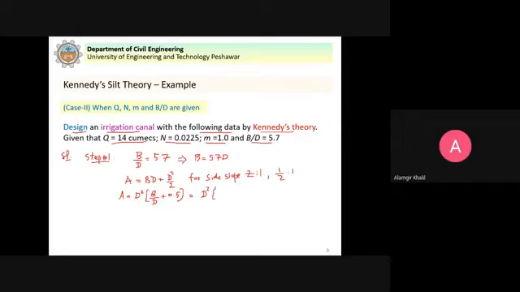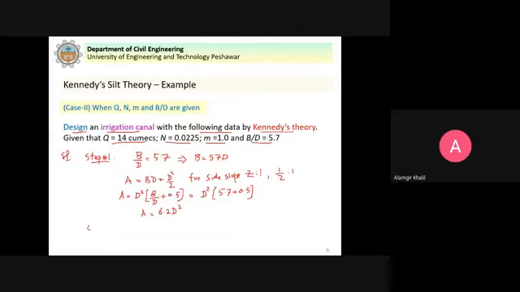Now this B by D is given to us, this is 5.7 plus 0.5. So from here area A is equal to 6.2 D square. This is now the area.